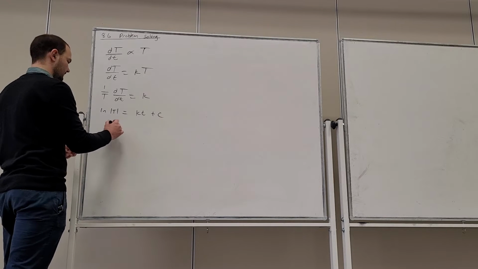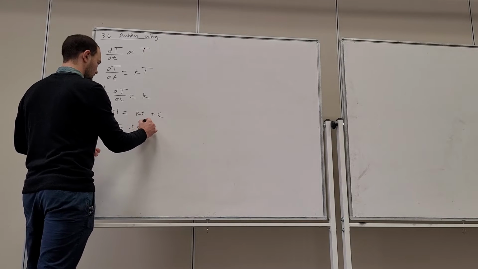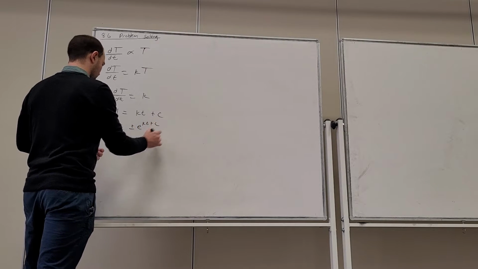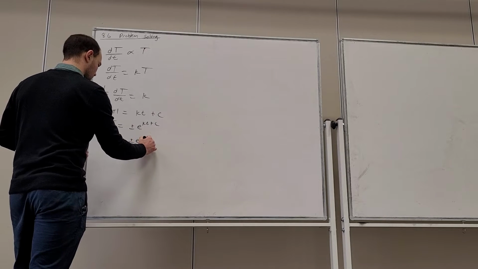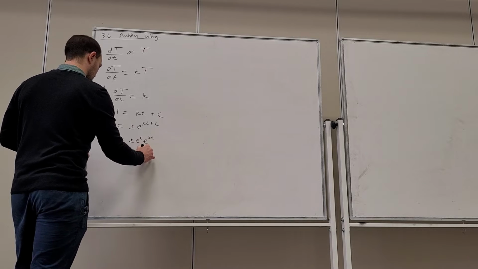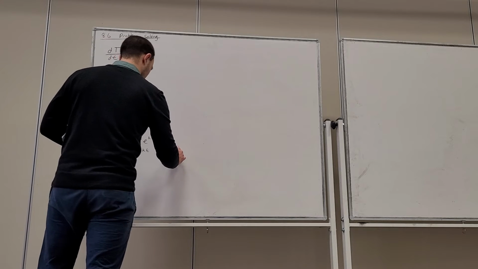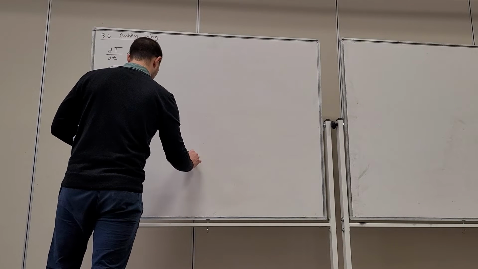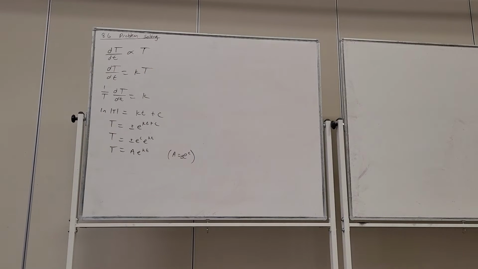So we're going to have T equals e to the kt plus C. Alright, we'll follow this operation that we do over here. A is some constant.